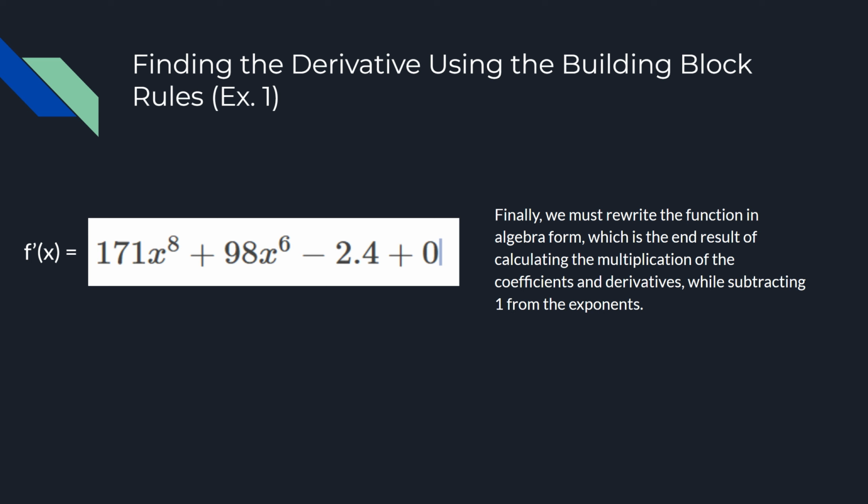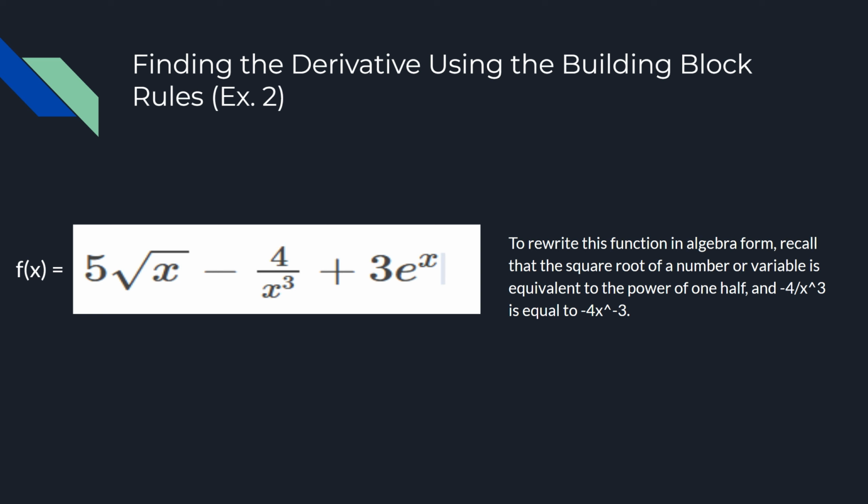And before, for 2.4x, we did 1 minus 1, which would just be 0, and it would take away the x, and the derivative of that would just be negative 2.4. And the derivative of a number without a variable attached will always be 0.